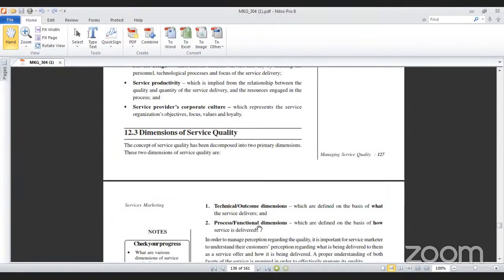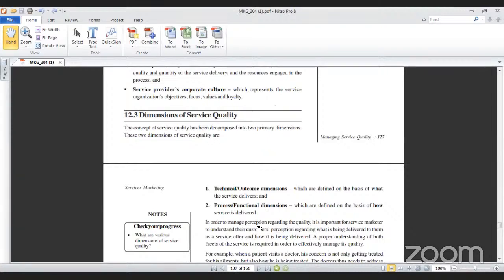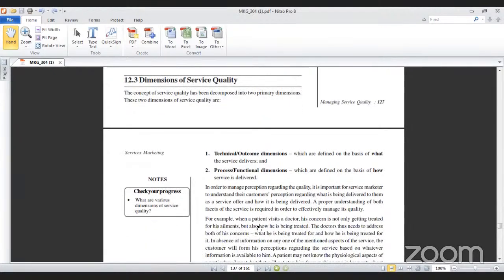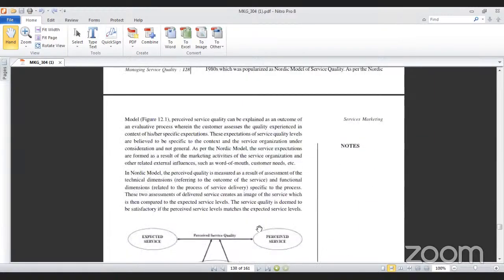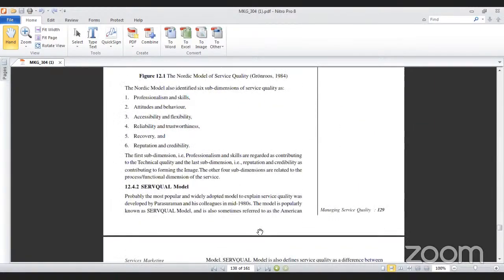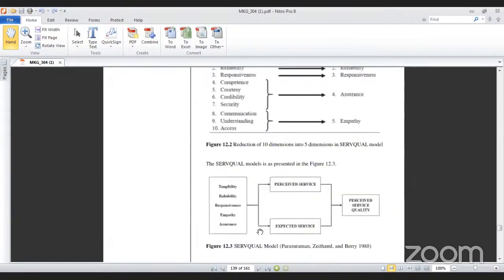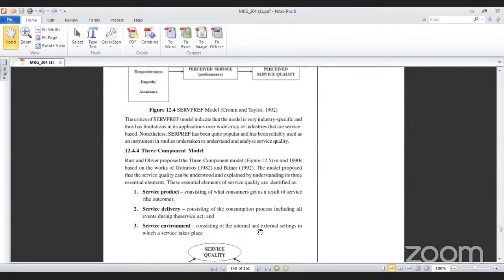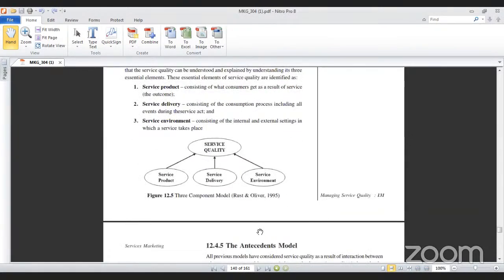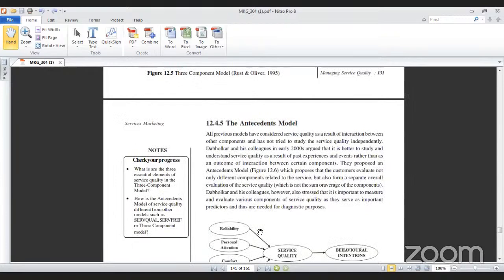Dimensions of service quality: two dimensions, first is technical or outcome dimension, second is process or functional dimension. Service quality models: the periodic model, implementation, the survival model, the components of the model, service product, service delivery, service environment, the antecedents model.